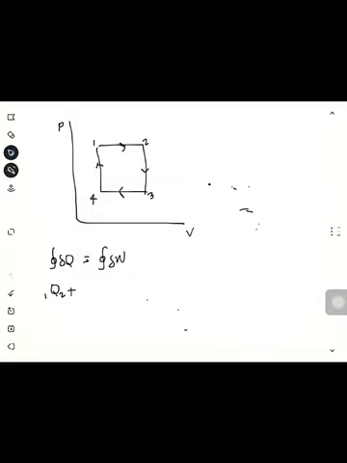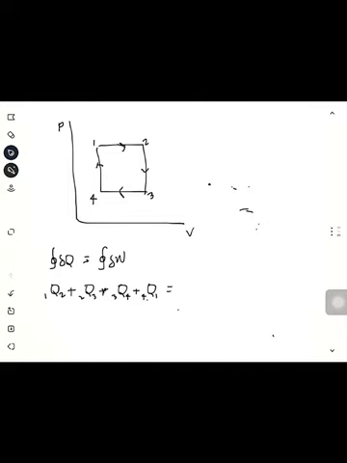So heat 1 to 2 plus heat 2 to 3 plus heat 3 to 4 plus heat 4 to 1.